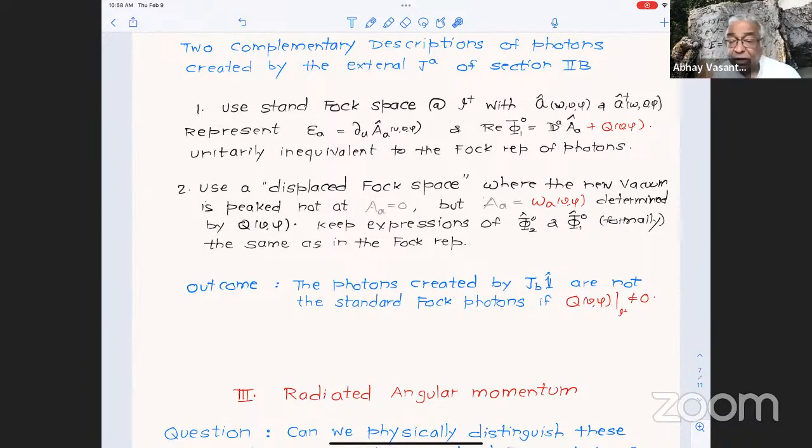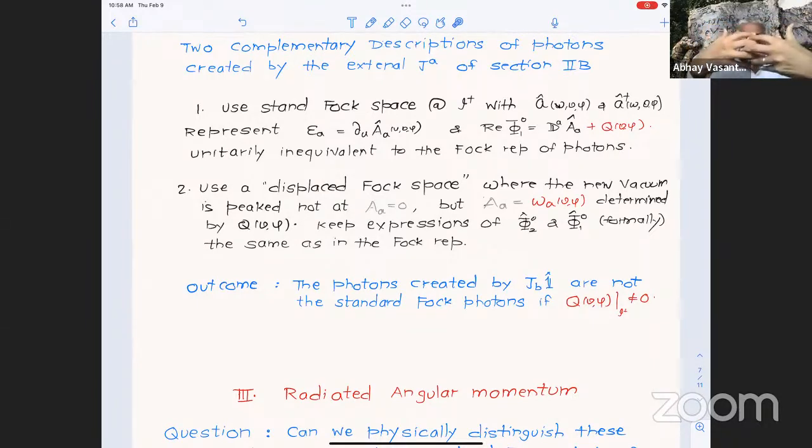So it's a non-standard Fock representation. What is important to realize is that neither the Hilbert space nor the observables alone constitute the representation. It is a combination of the two that constitutes the representation. We can keep the Hilbert space the same, but change the representation of the physical observables, or we can keep the representation of the physical observables the same, but change the Hilbert space.